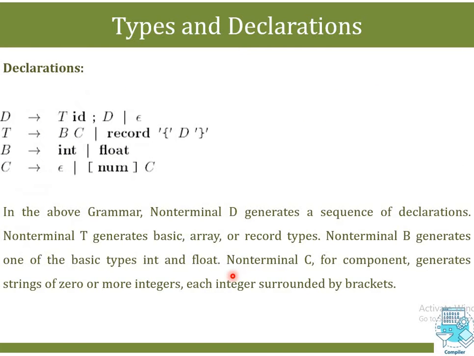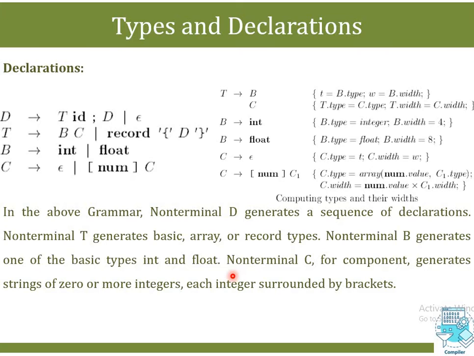Okay, fine. We have seen this grammar in our earlier sessions also. This is a grammar meant for variable declaration, and any variable declaration can be validated by using this grammar. Along with this grammar, we have a set of semantic rules, and these rules assign the type.